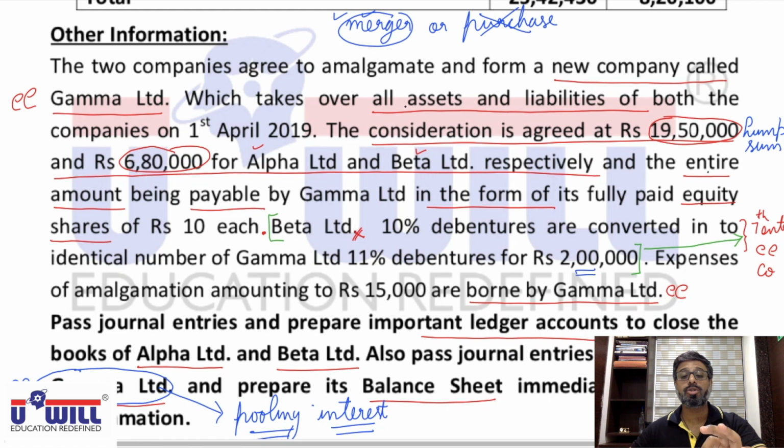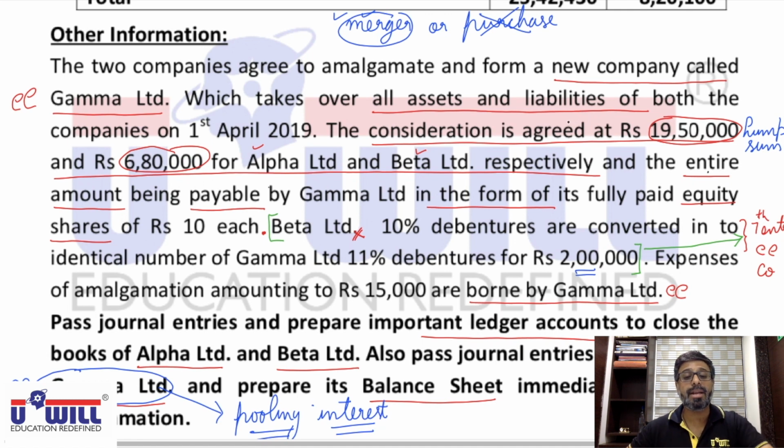So this entry we don't have in this question. The next entry in the order is payment of liabilities which are not taken over. This also we don't have because it is given that it takes over all assets and liabilities. So even liabilities are taken over by Gamma Limited.